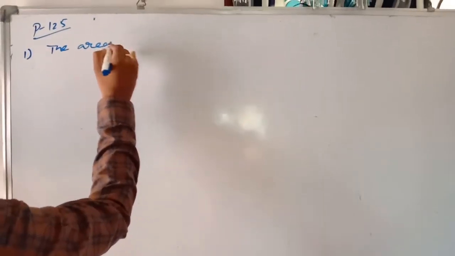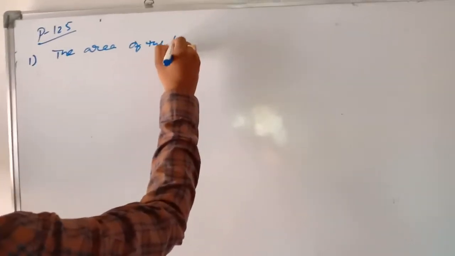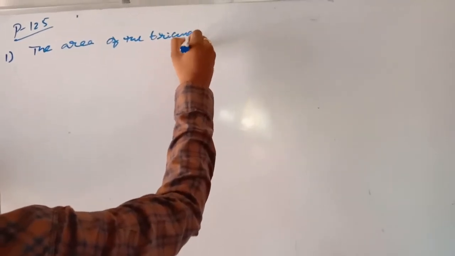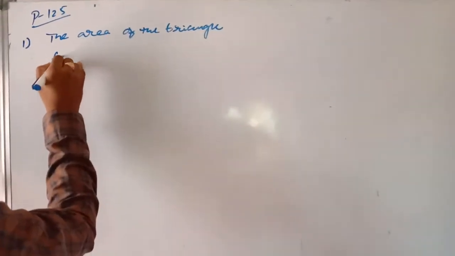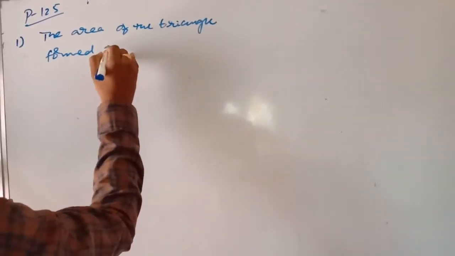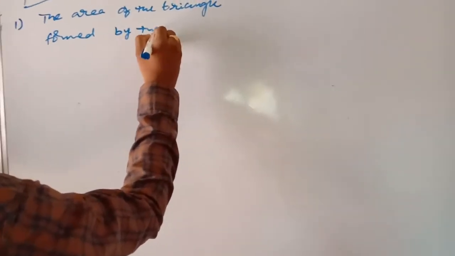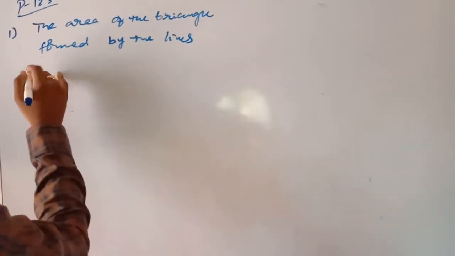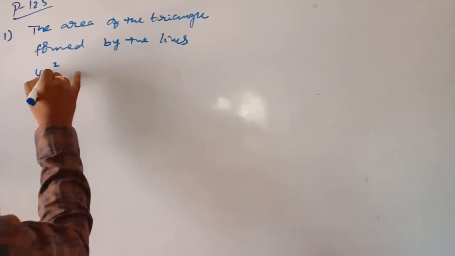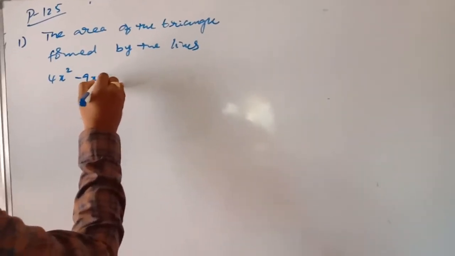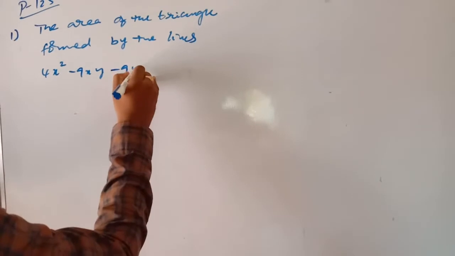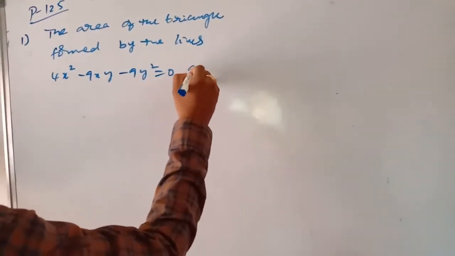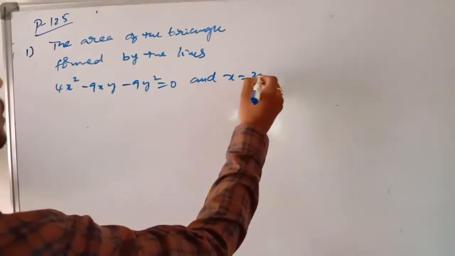Now today our topic is pair of straight lines. Now we discuss JEE Mains previous bits. Okay. The area of the triangle formed by the lines 4x square minus 9xy minus 9y square is equal to 0 and x is equal to 2 is.